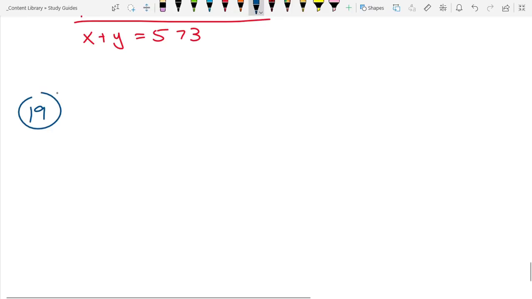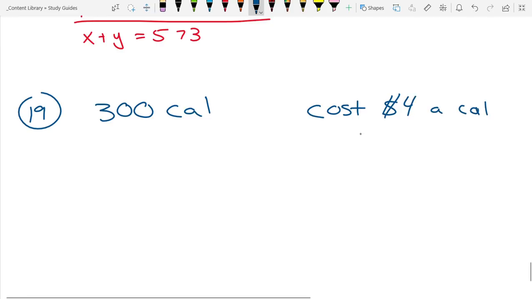19. Lots of words in here. It says we're going to have 300 calendars printed. And we're going to have to pay, or let me write this. It cost $4 a calendar for printing. We're going to sell them for $10.